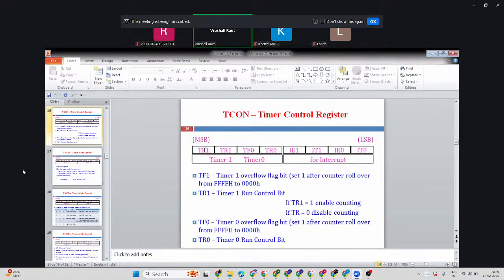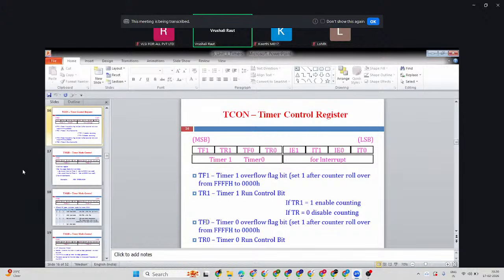Is it overflowing? If yes, then I'm going for the other action. So how can you set the enable? By setting TR1 equal to 1. What I am doing is enabling timer 1. I am asking timer 1 to go on counting. And when TR1 equals 0, I am disabling the counting. So it is a very crucial thing to be used in the program.